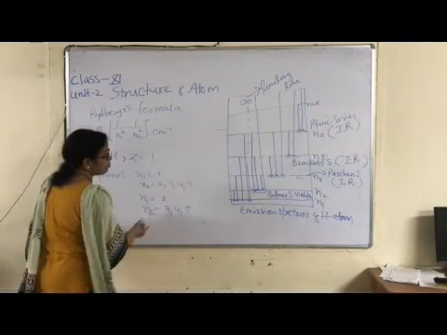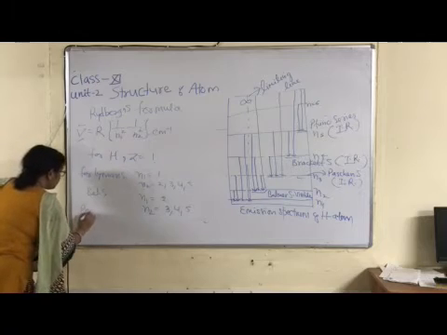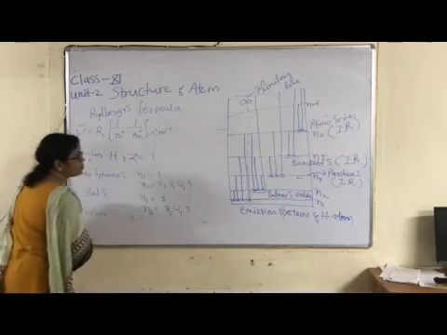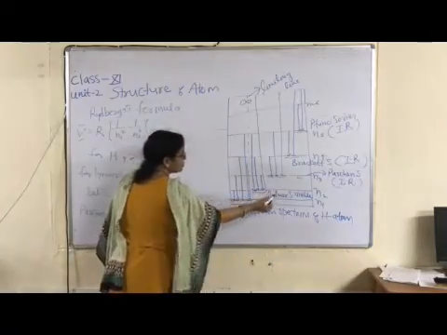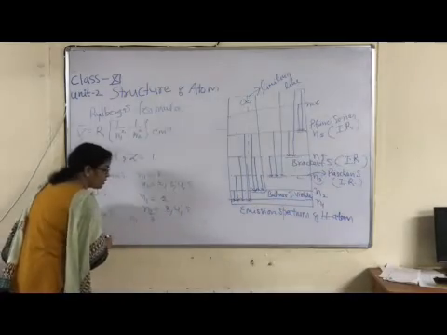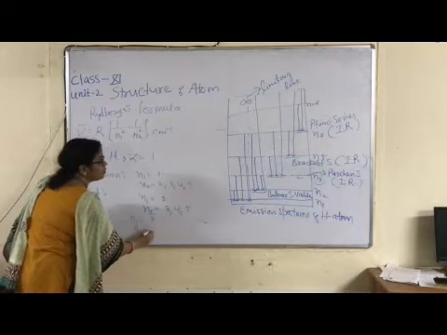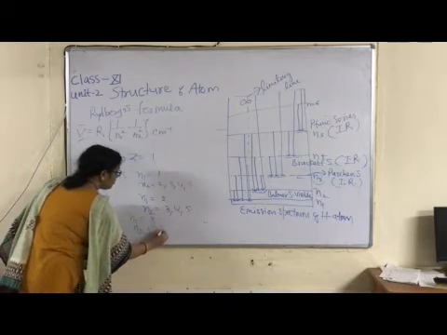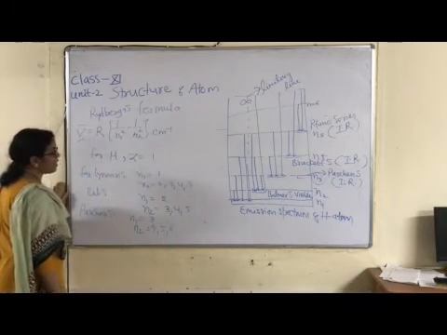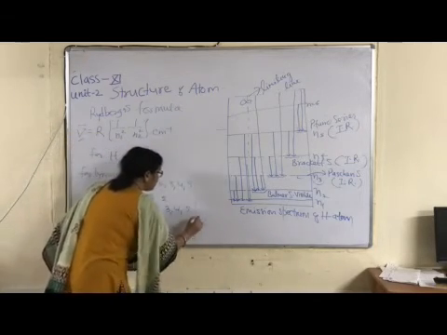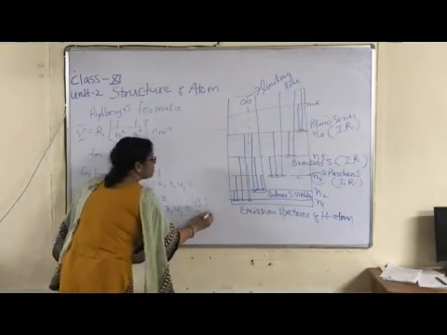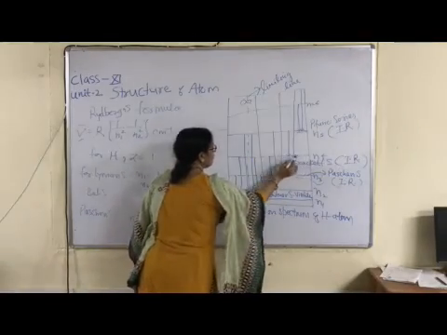Next series is Paschen series. N1 is equal to, ground energy level for this Paschen series is 3. N1 is equal to 3, which is lower energy level, and N2 is equal to, first higher is 4, then 5 and then 6. Right? After Paschen, then Brackett series. For Brackett series, N1 is equal to, what is its ground energy level? 4.